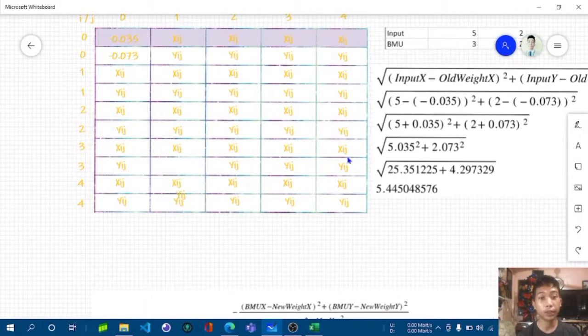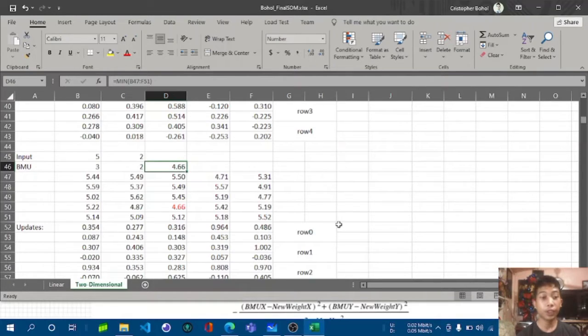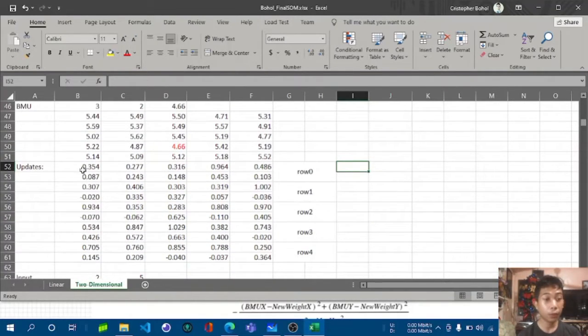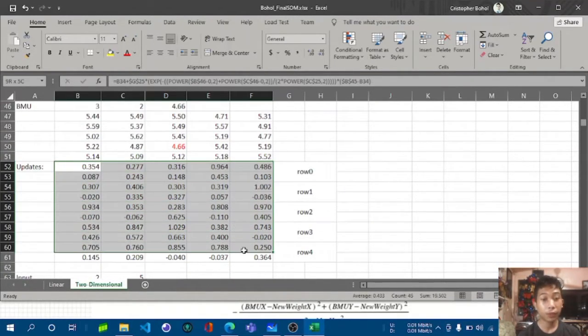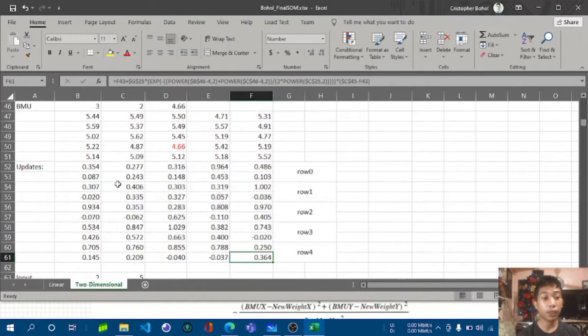We can now use these newly initialized or updated values so that we can solve for another neuron value. Here, after solving that, we will get this kind of values. So our new weight would become like this. So our weight x is 0.354, our y is 0.087.